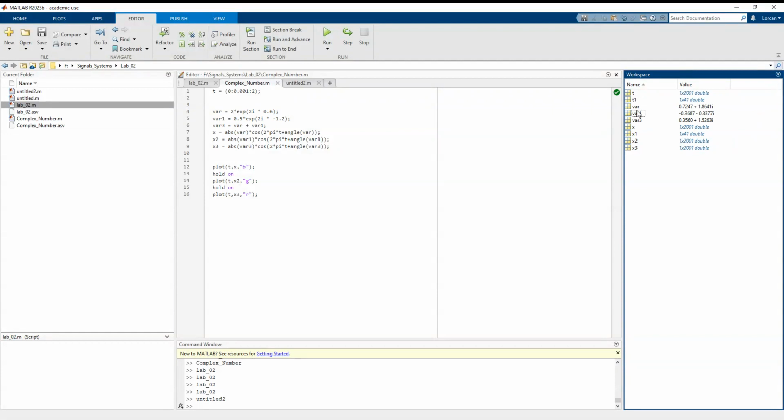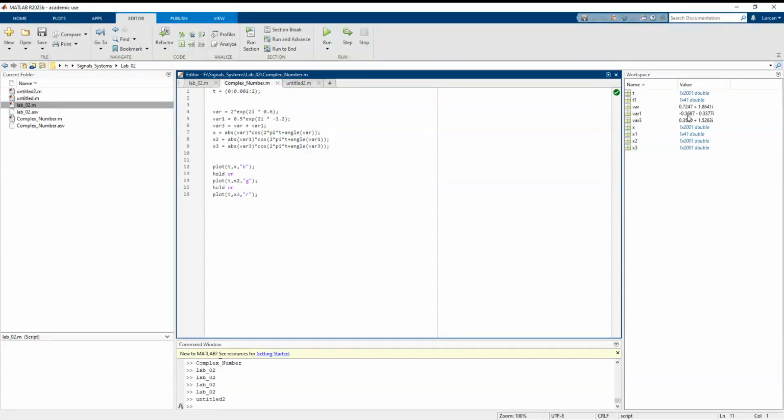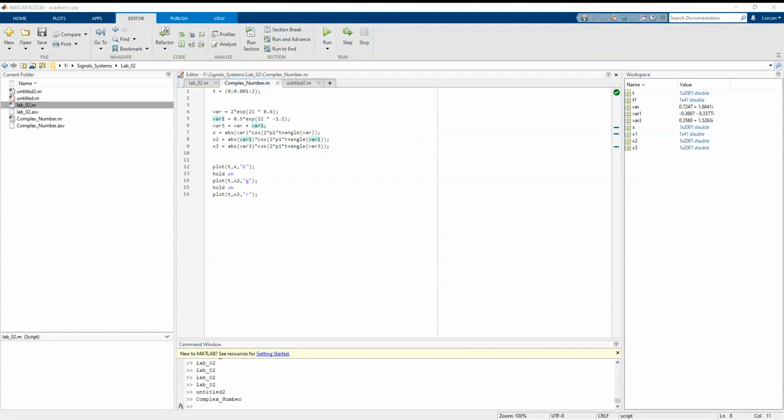We are adding this to a variable 1, and as you can see from the result, 0.7247 and minus 3.687 will give us 3560. In a complex, we have 2, which is the amplitude, and 0.6 is the phase shift. And if we run this, the blue and green are added together to give us the red signal.